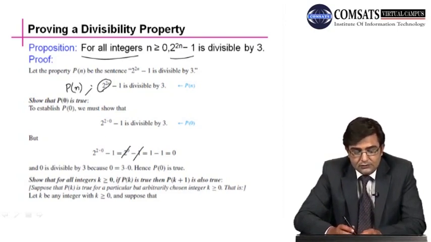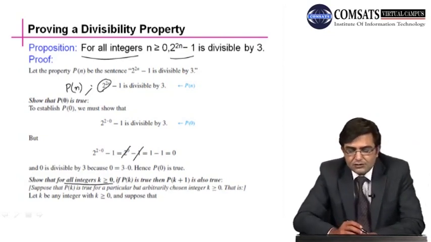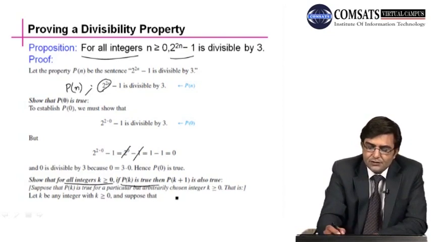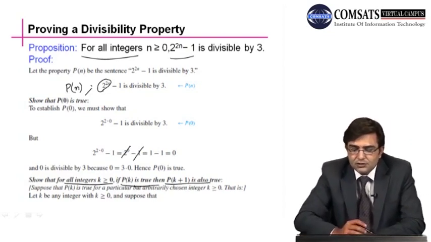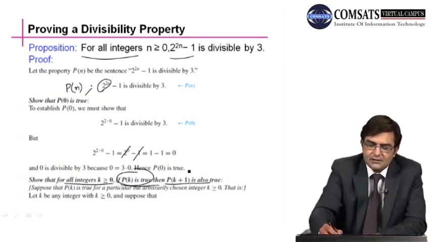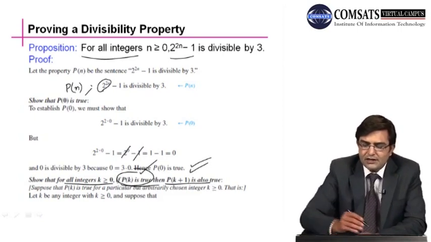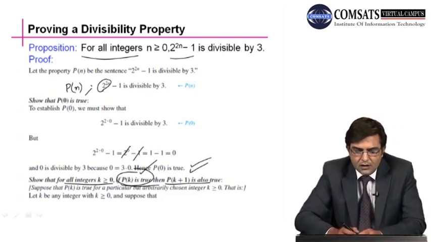Now we have to prove that for all integers k greater than or equal to 0, if P of k is true, then P of k plus 1 is true. This is basically the inductive supposition, and this is the conclusion.